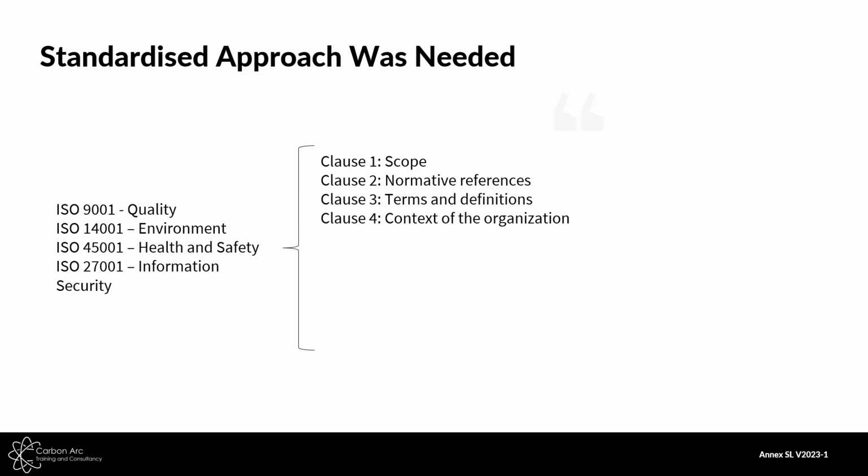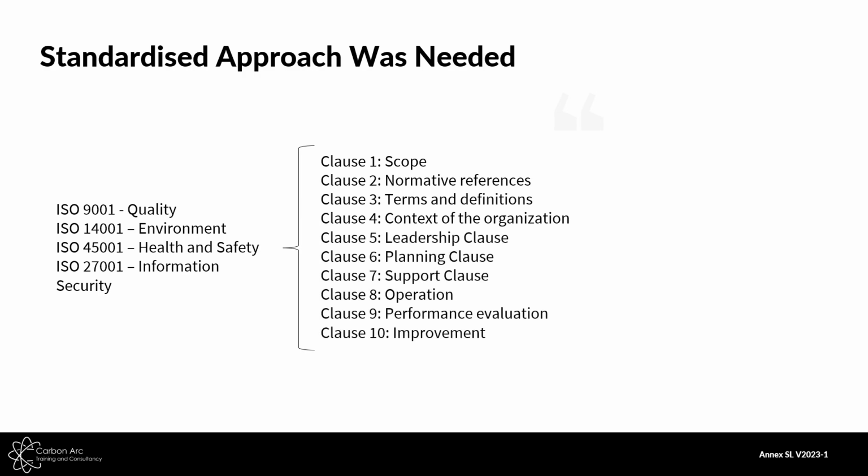Then we can go from clause 4, 5, 6, 7, 8, 9 and 10, which follow through the application of our process. So context of the organisation is the top management sitting and working out all the things that affect the company and what will be a risk or an opportunity.